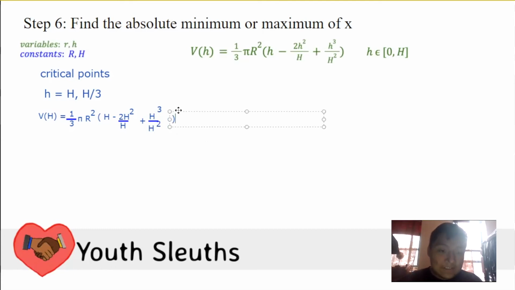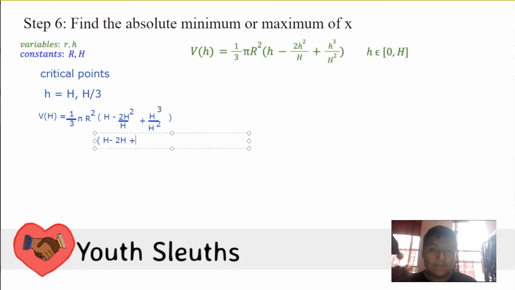So now that we have this, we can begin to simplify. If we notice here, the H squared and the H, one H cancels out. So inside the parentheses, the big H remains the same, but now we have 2 times big H. And then we add big H cubed divided by big H squared. Again, we could simplify by subtracting the exponents.